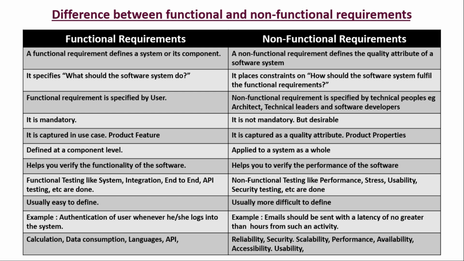Let's take an example. If there is a gap in terms of the security, so architect or technical people will let you know that there is less security when it comes to the data. So that would be the non-functional requirement. It will give you the security feature. They will tell you that there is less security, so you will implement security feature.